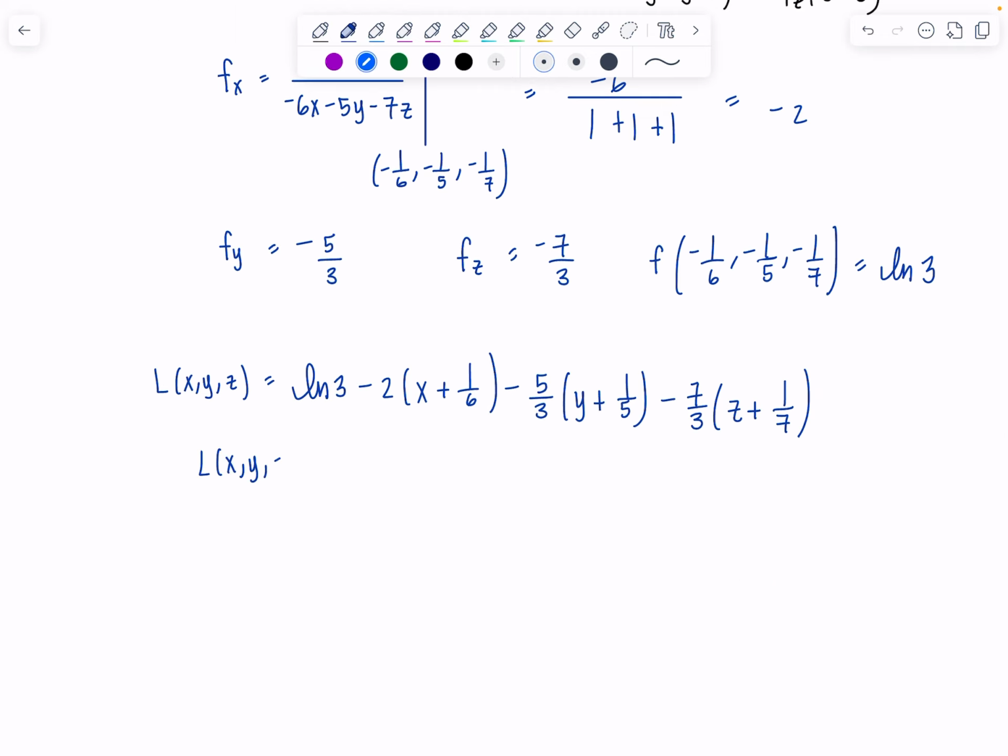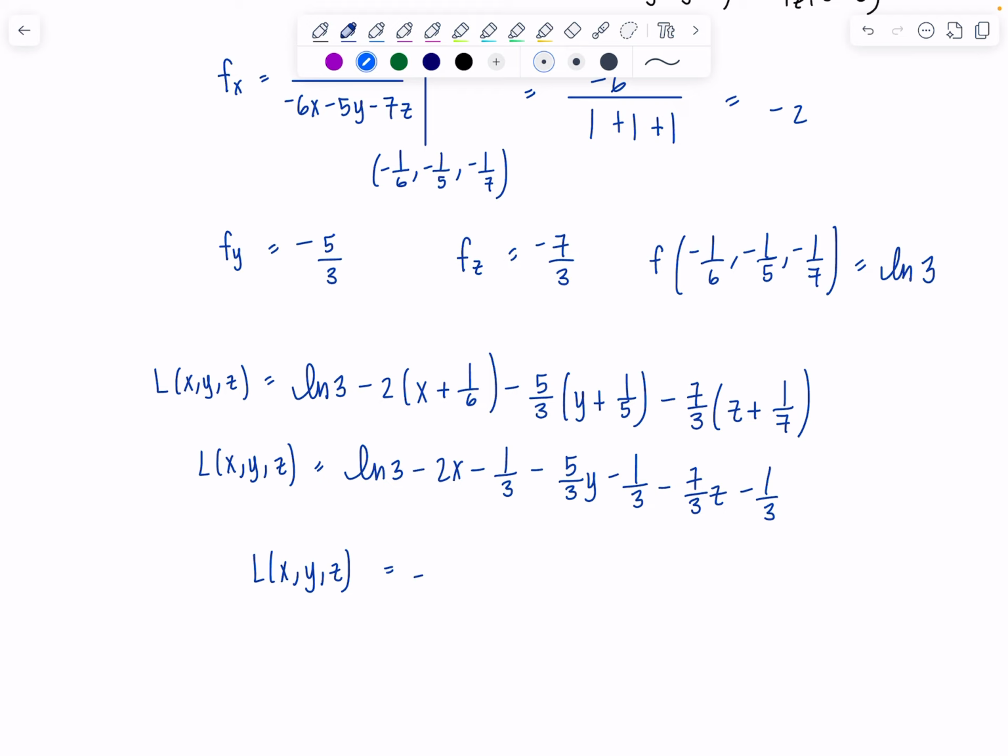So L of x, y, z is ln of 3 minus 2x minus 1/3 minus 5/3 y minus 1/3 minus 7/3 z minus 1/3. Ooh, so I can combine all of those.